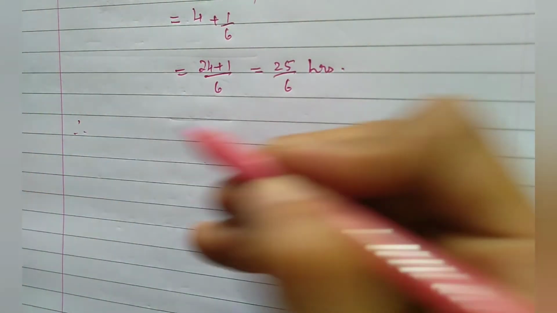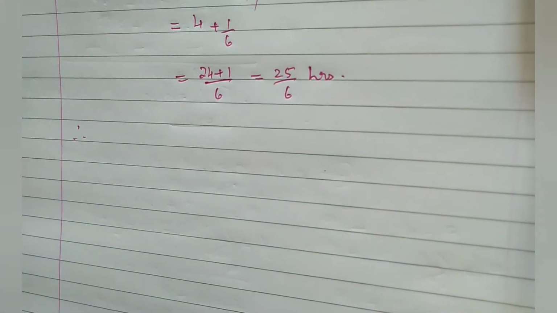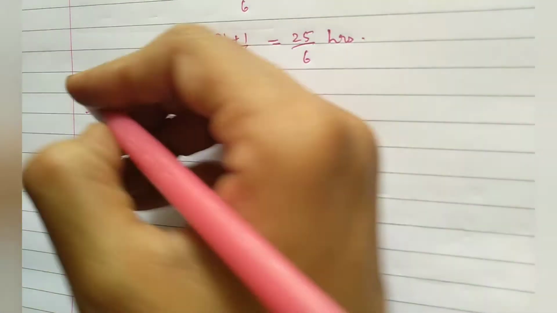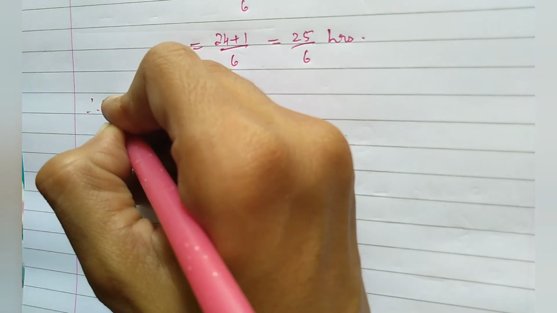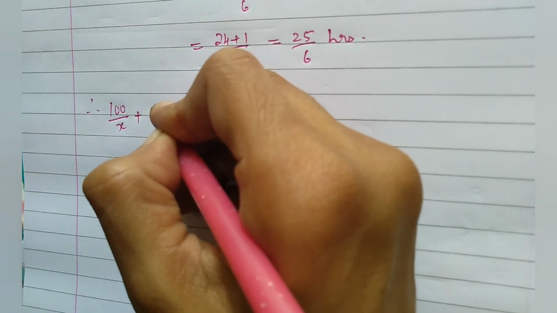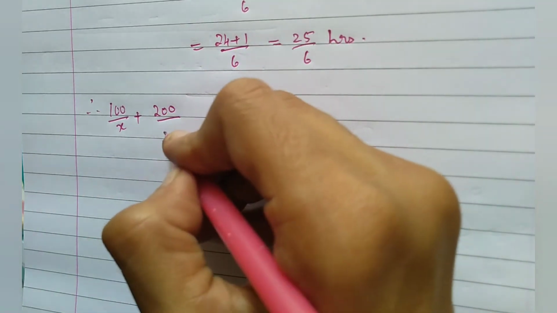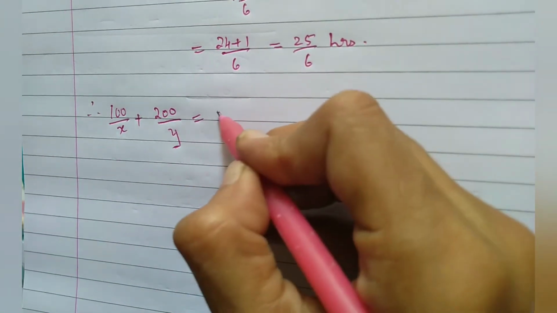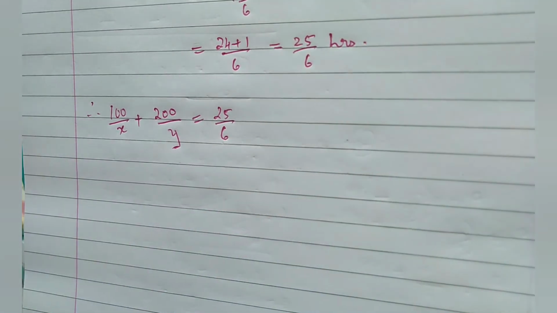Therefore, first what we have to do for forming the equation: distance is 100 upon x plus another distance is 200 upon speed is y equal to 25 upon 6.